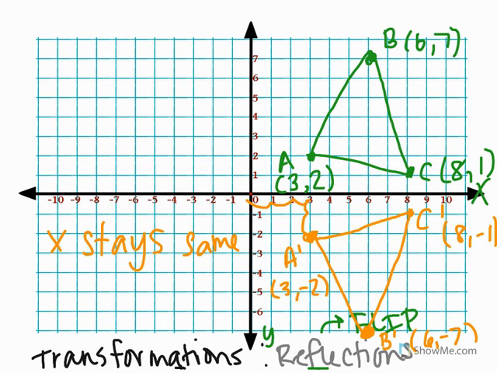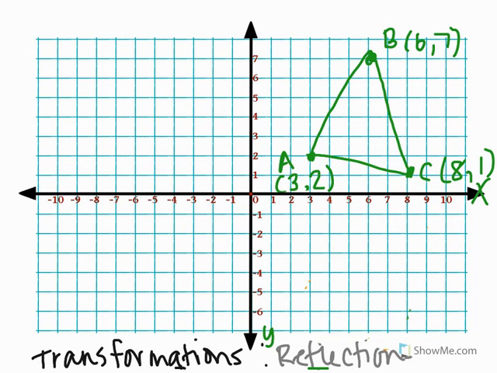But if you look at what happened to our y-coordinate each time, it became the opposite. So each time we started out with a positive y and it became a negative y. So we started out with A had a y-coordinate of 2, and so A prime is -2. B was +7, B prime -7. C was 1, so C prime would be -1. But in each case, the x-coordinate stayed exactly the same.